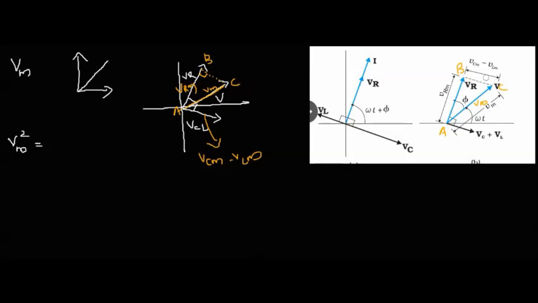So instead of this BC, we can write VCM minus VLM. You can see from this picture, this side is parallel to this side and the magnitude of this side is VCM minus VLM. So the BC will be equal to VCM minus VLM. Okay, so adjacent side square plus opposite side square, that is VRM square plus VCM minus VLM the whole square. Right.